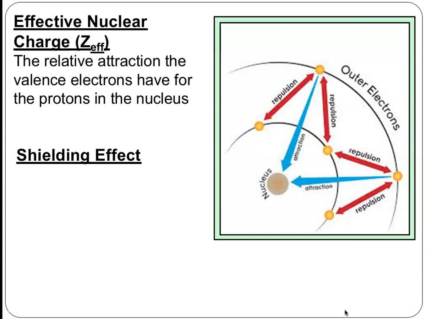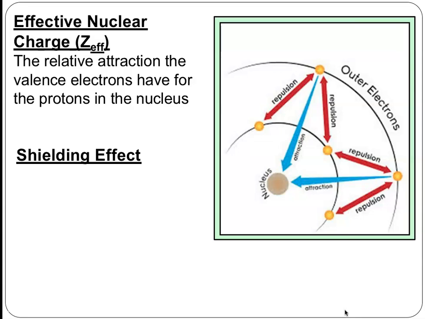So effective nuclear charge is basically the relative attraction that the valence electrons, actually all the electrons, but our focus here is the valence electrons, have for the nucleus. We know the nucleus attracts all electrons in an atom, but all of our trends are determined by looking at them starting with the valence electrons.